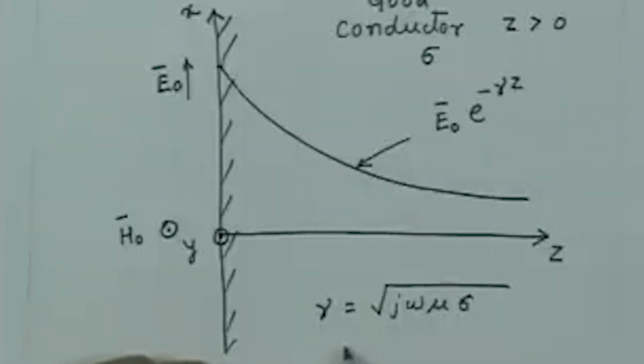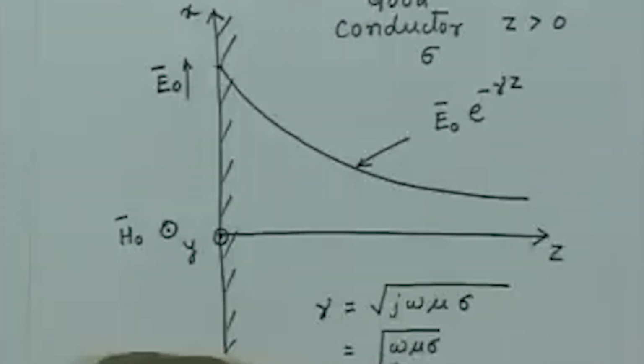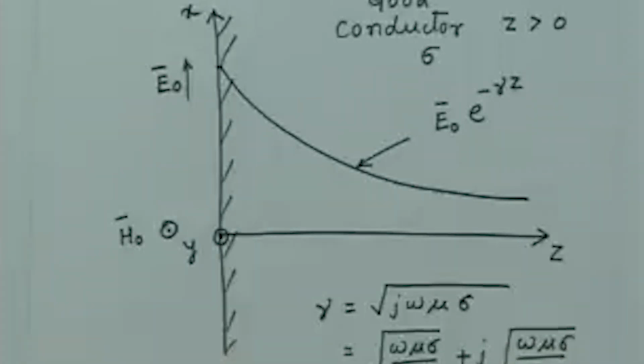By separating out the real and imaginary parts, we know it gives you the attenuation constant and the phase constant. So as we have done earlier, this is square root of omega mu sigma upon 2 plus j times square root of omega mu sigma upon 2.